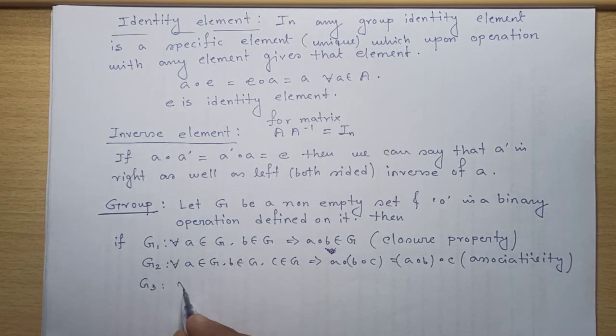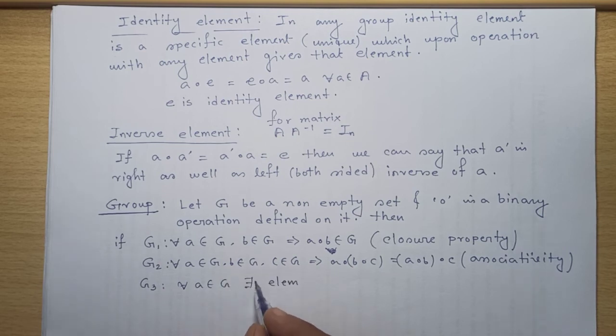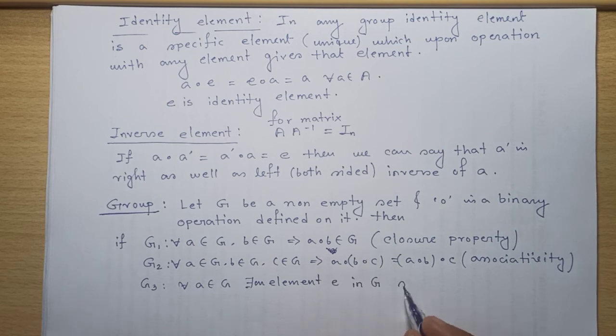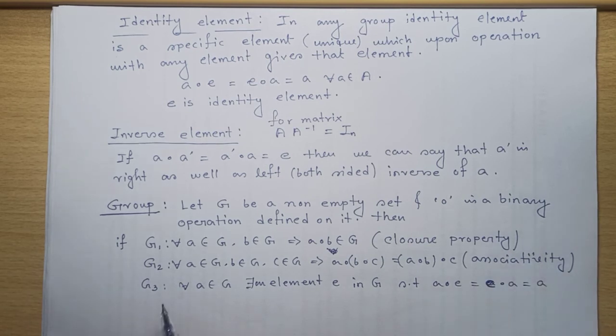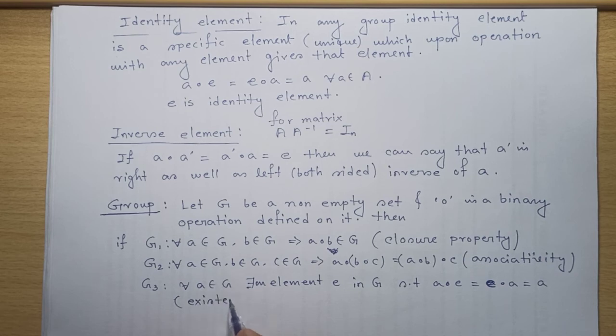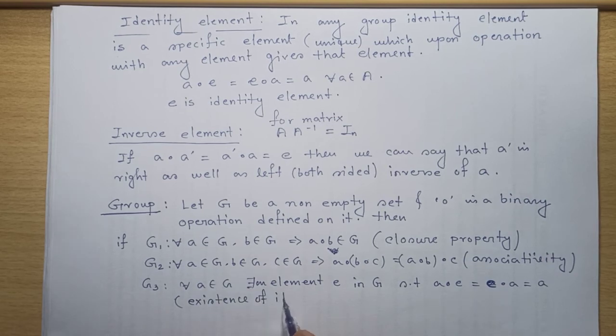G3: for all a belonging to G, there exists an element e in capital G such that a compose e equals e compose a equals a, which is called the existence of identity.